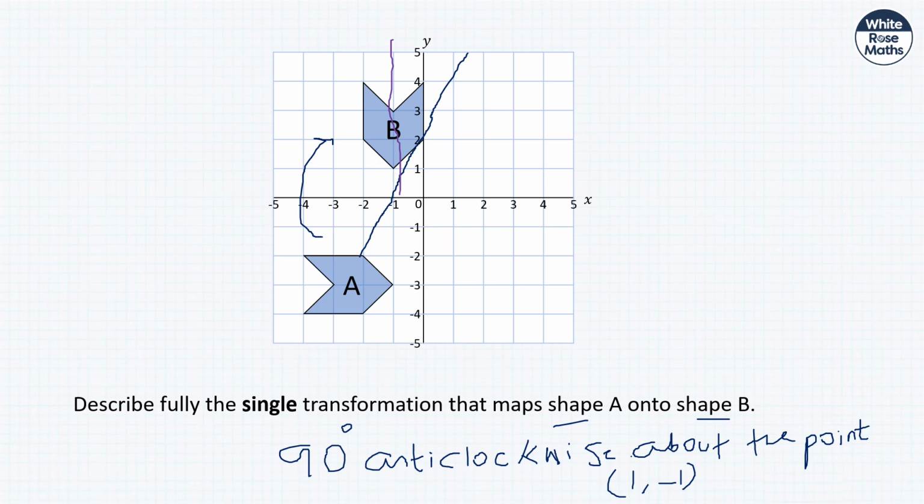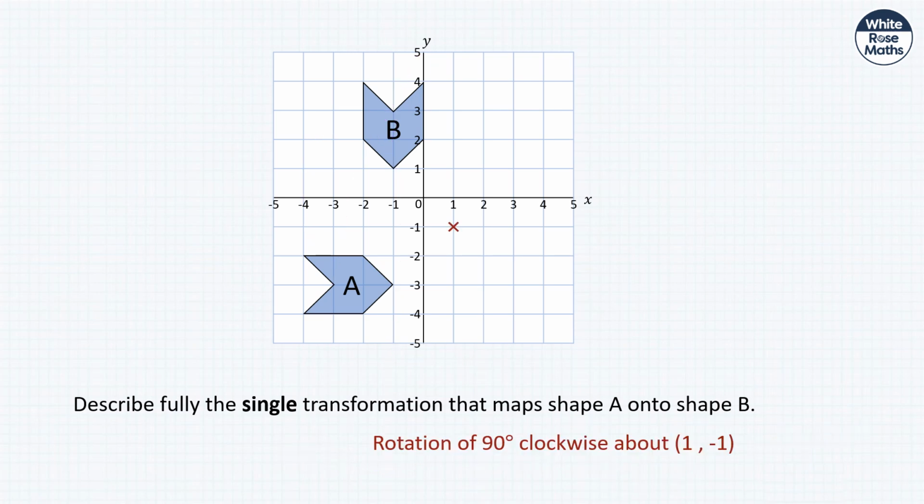But when you put your lines on, guys, it crosses at (1, -1). Actually, sorry, I think it's meant to be (-1, 0), so I do apologise. Sorry, guys, hopefully you can forgive me.